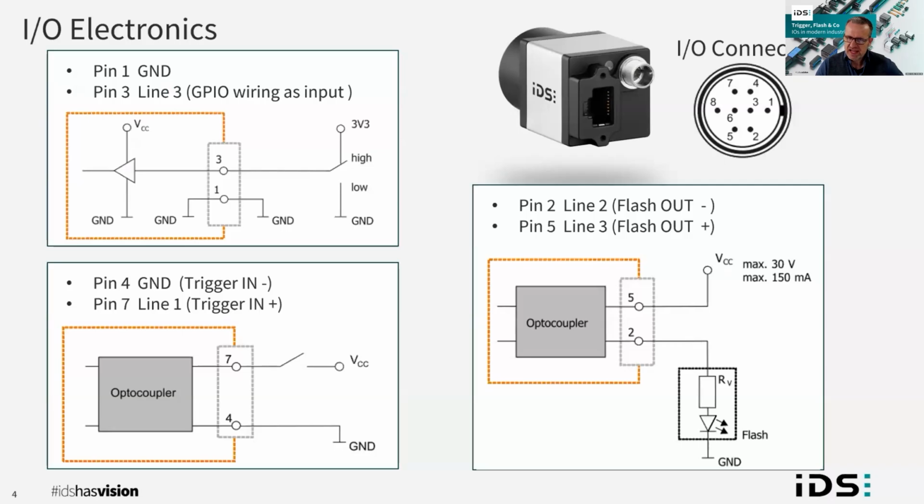Via the I/O connectors and the underlying electronics, cameras exchange the electrical signals with the outside world. Today, the pins are used very generally in all camera categories and are usually labeled line 1, 2, 3. To be very general, the pin electronics determine which features and capabilities the lines provide electrically. This includes whether they can be inputs, outputs, or even be configurable in direction.